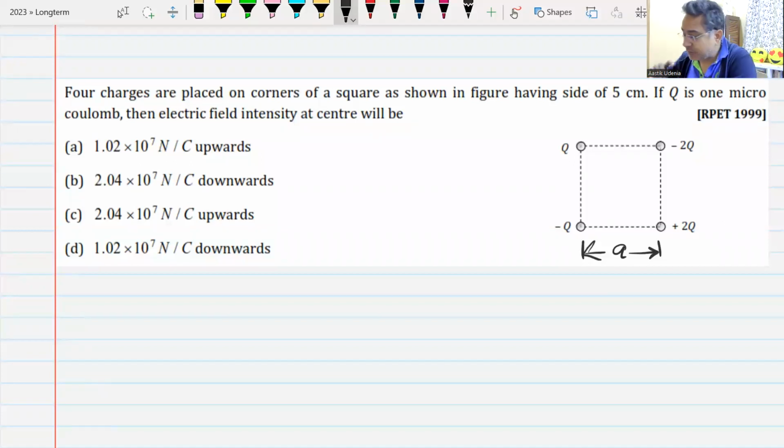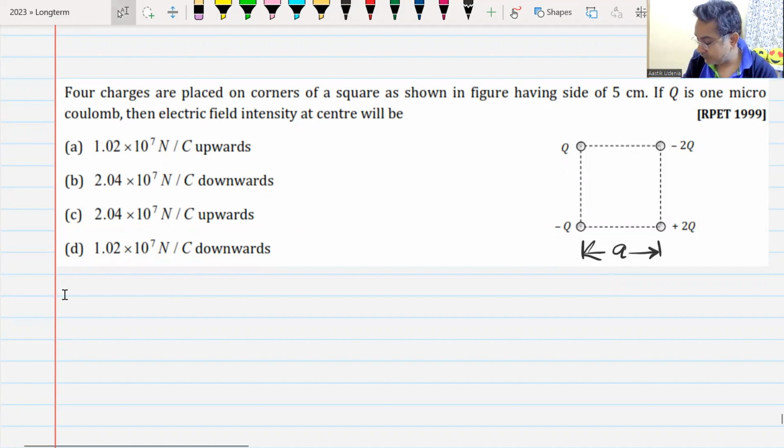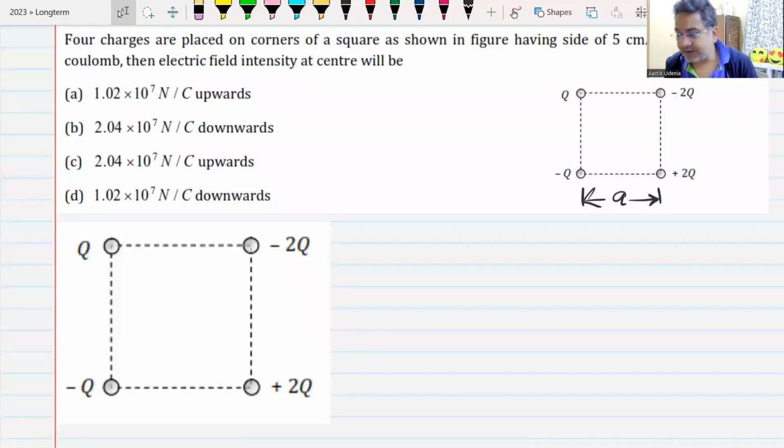Anyways, I will do it. If you call this distance as A, let me give you a bigger diagram of this. This is the bigger diagram of the entire thing.